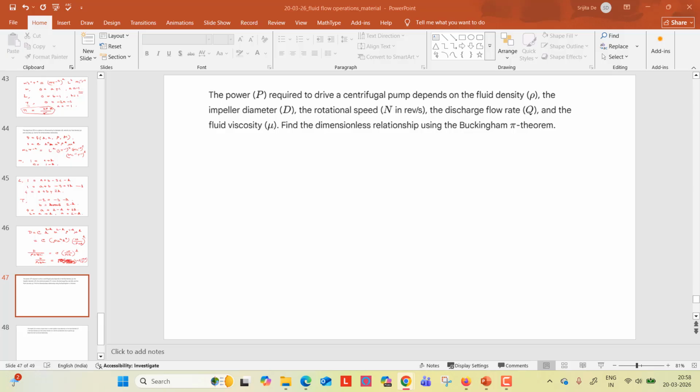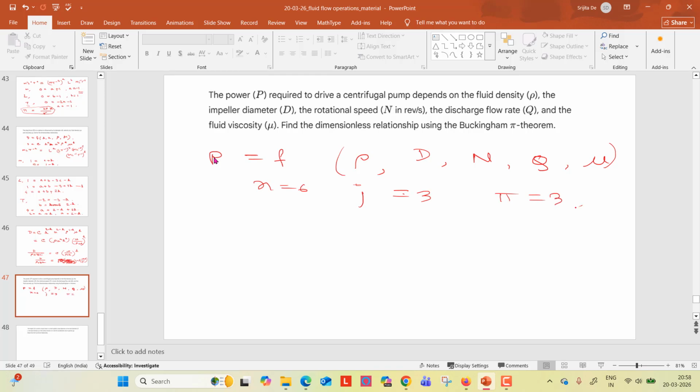So P is a function of rho, density, diameter, rotational speed, flow rate, viscosity. Total N is 6, J is 3. So the number of dimensionless numbers will be 3, right?